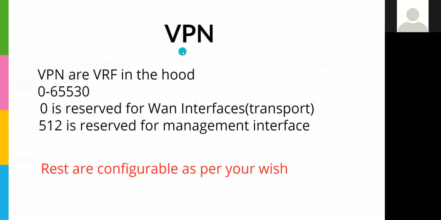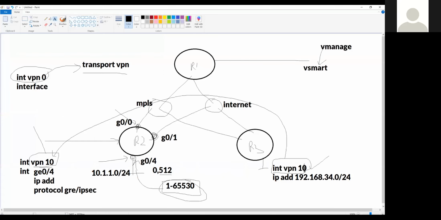Right. So one question there. When you said that the VPN 10 service VPN resides on, can you just go back to that diagram, please? Yeah, I'll do that. So on 0/4, that is your 10/10.1 subnet, and on your R3 router, you have VPN 10 again, which is a 192 series subnet, right?